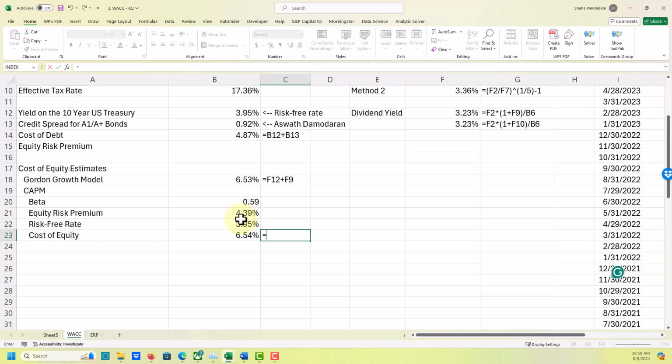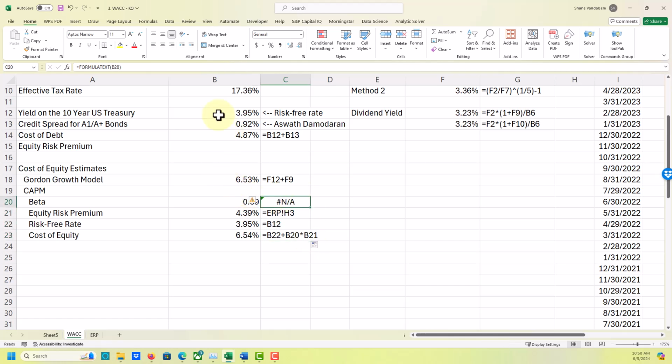Another thing that I look at is how does it relate to the cost of debt for the firm? Another way to calculate the cost of equity for a firm is just to add a premium to its cost of debt. That premium is usually about 3%, depending on the riskiness of the company.